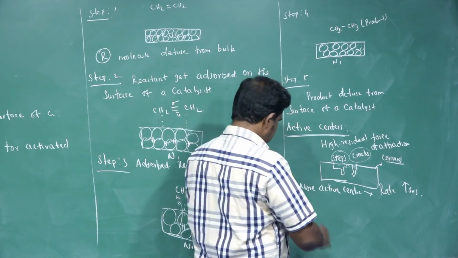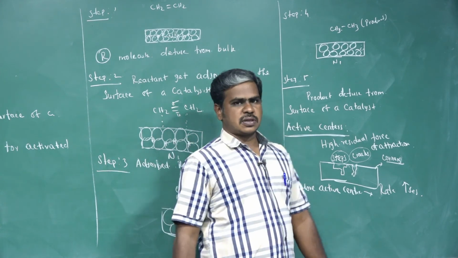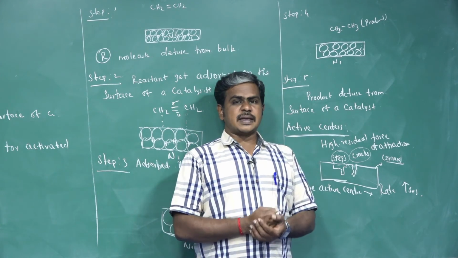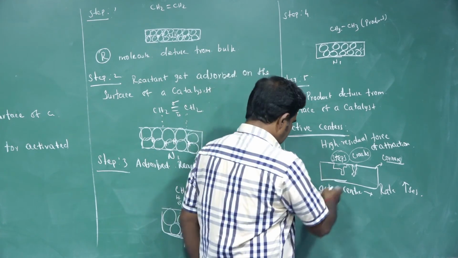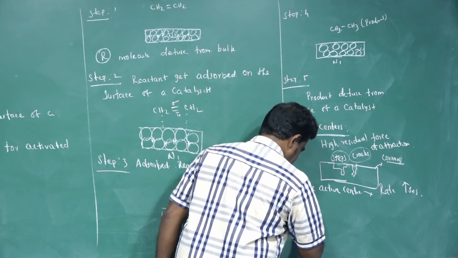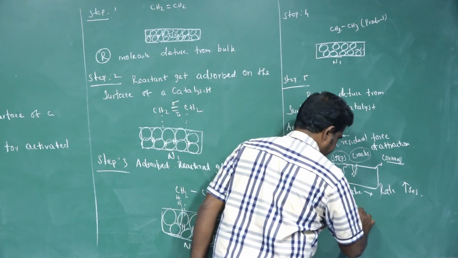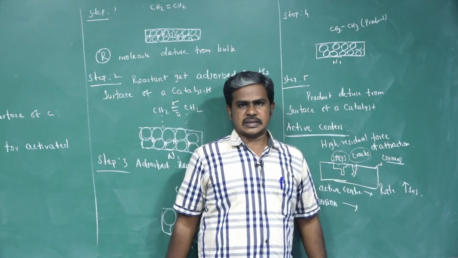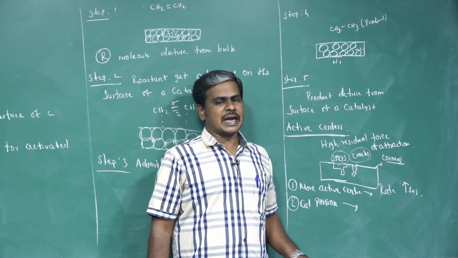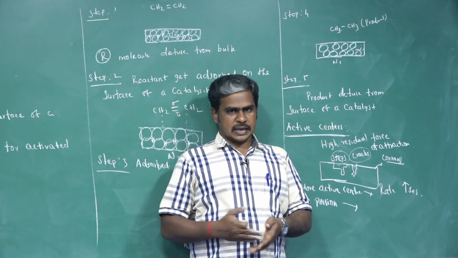Now the adsorption theory also explains catalytic poison. According to adsorption theory, if a catalytic poison is present, it will block the active centers. So what will happen? Adsorption decreases.